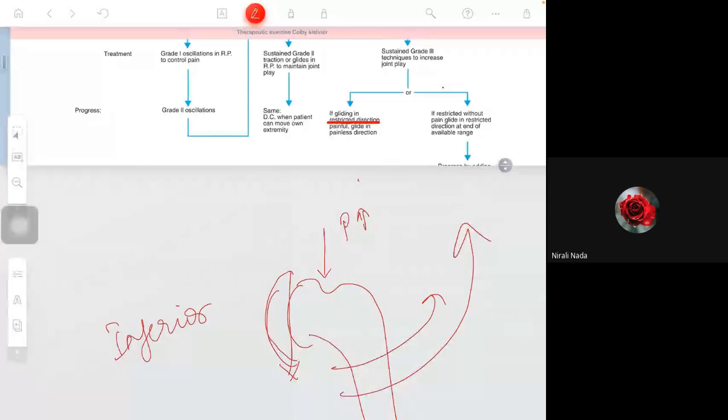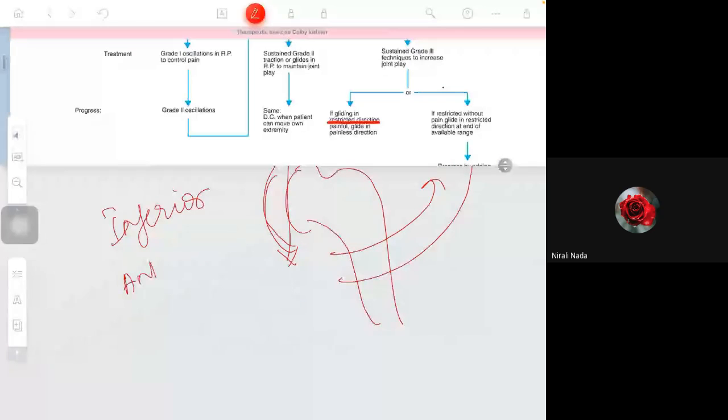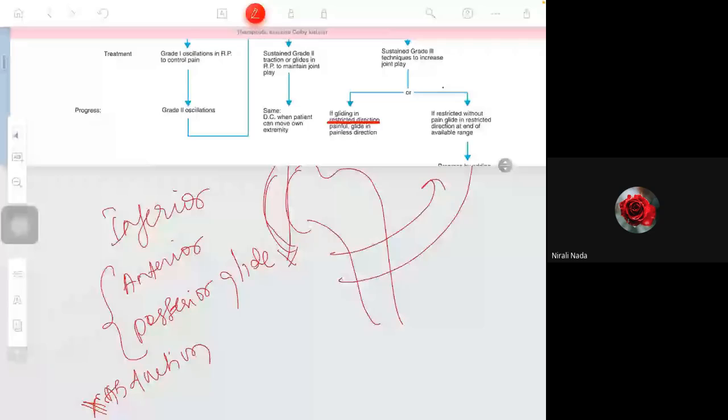You will glide in the painless direction. What is painless direction? Either anterior glide or posterior glide. Of course it will not increase the abduction range. Still, you are gliding in the painless direction.